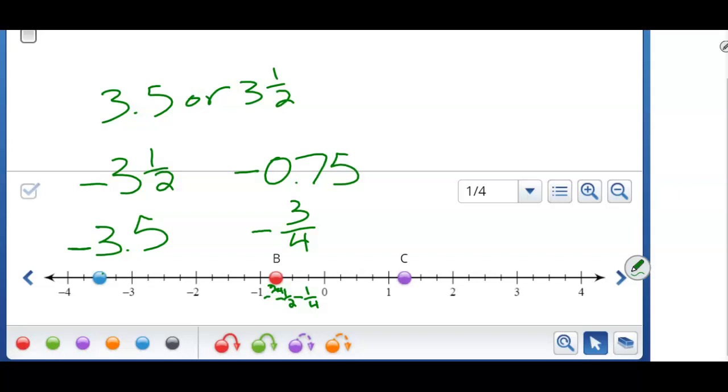Now, if we're not given one as easy as fourths, what do you do? How do you change a fraction into a decimal?